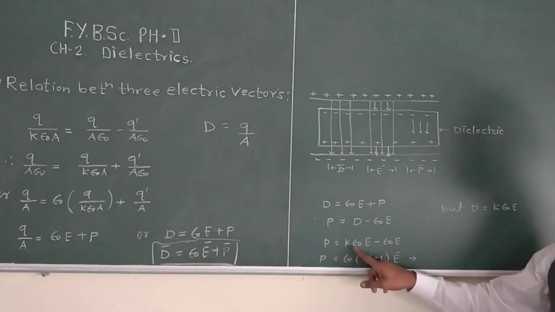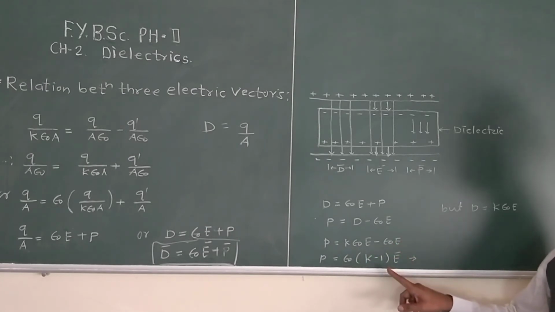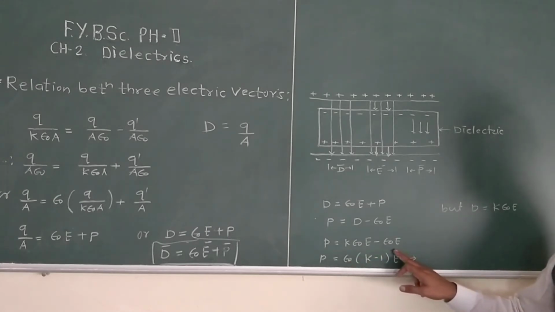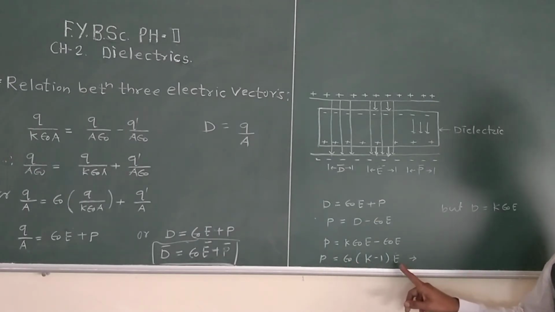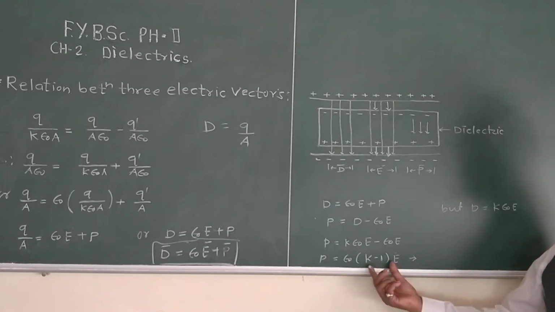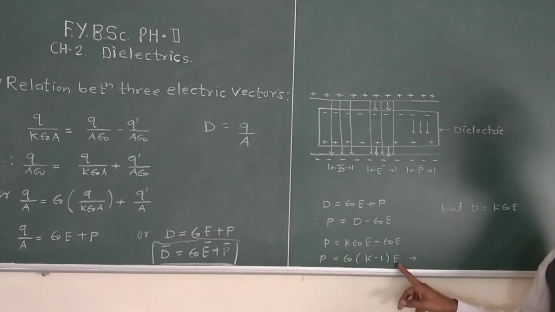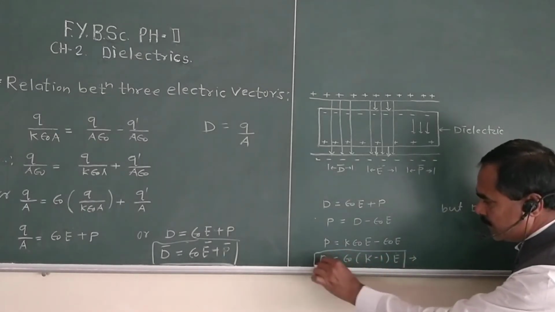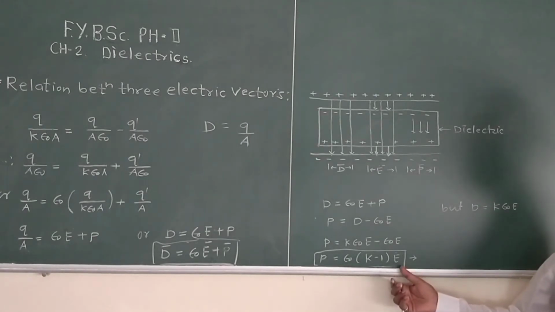We get P equal to K epsilon E minus epsilon E. Then we take epsilon and E common, and write P equal to epsilon in bracket K minus 1 into E. This equation gives the relation between the electric polarization vector and electric intensity in dielectric.